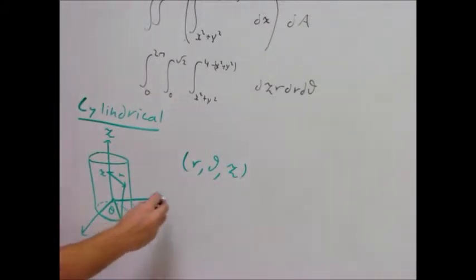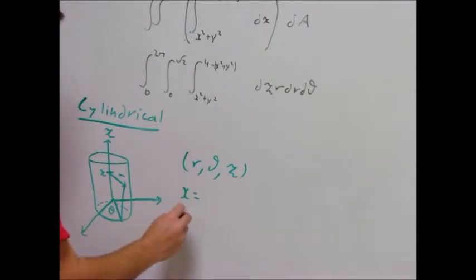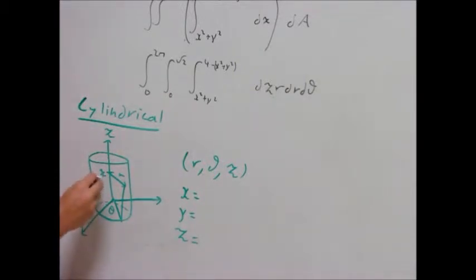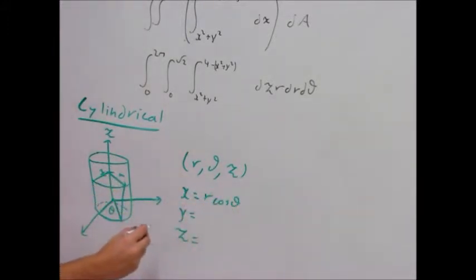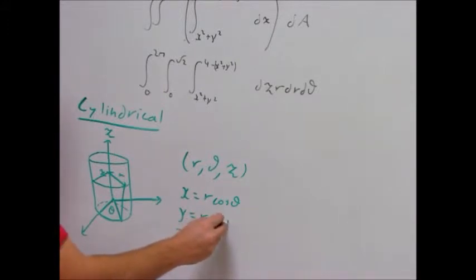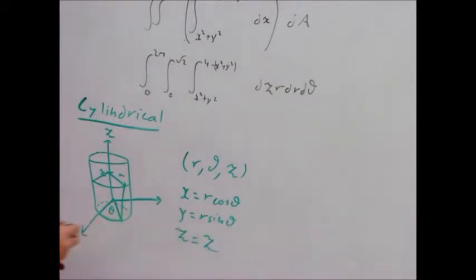And of course, we have some pretty easy ways to get back to our usual x, y, z coordinates, because each circular slice will follow the same rules as in polar. x is going to be r cosine theta, y is r sine theta, and z is itself z.